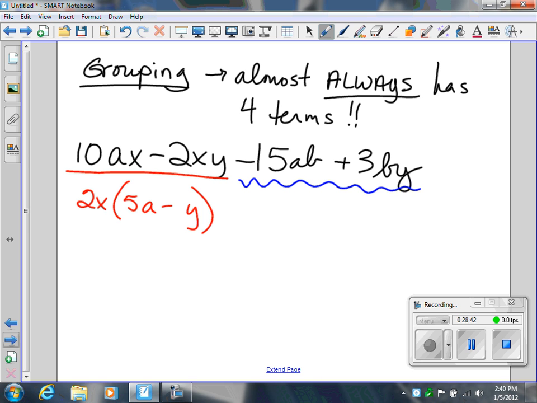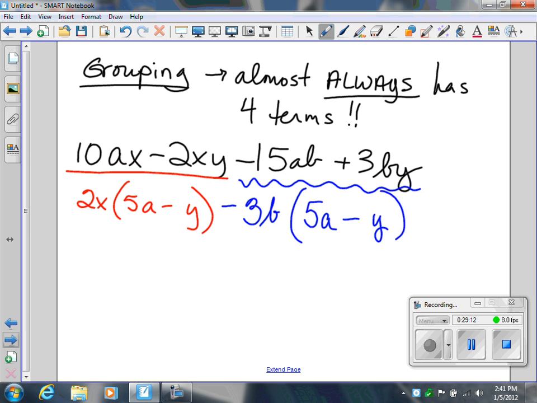So if I throw negative 3b out front, then a negative times a positive what will give me negative 15ab? 5a. And then a negative 3b times a what gives me positive 3by? Negative. That's right.